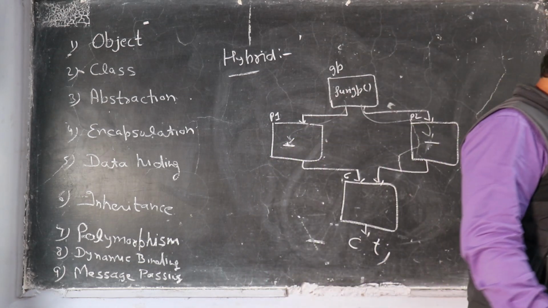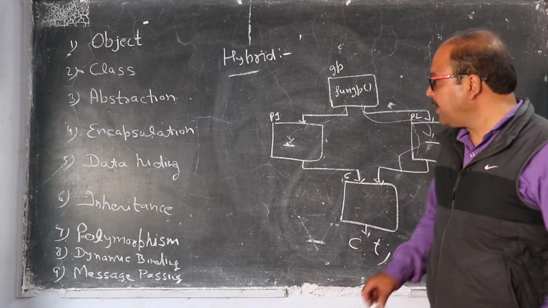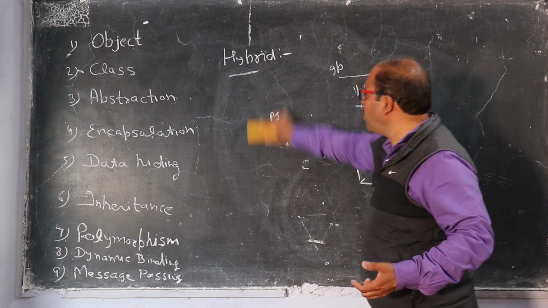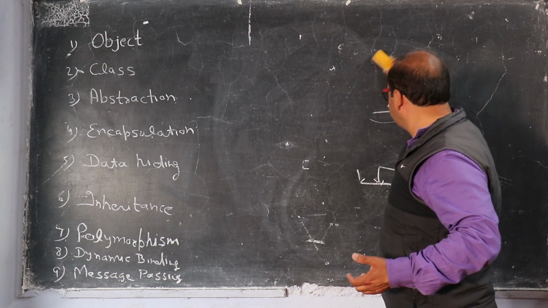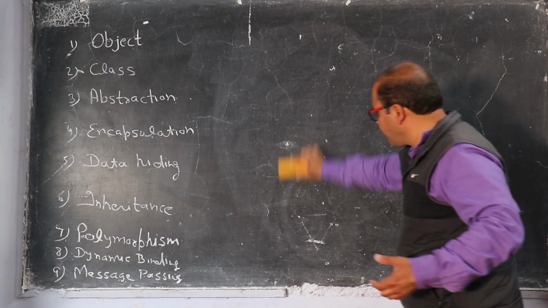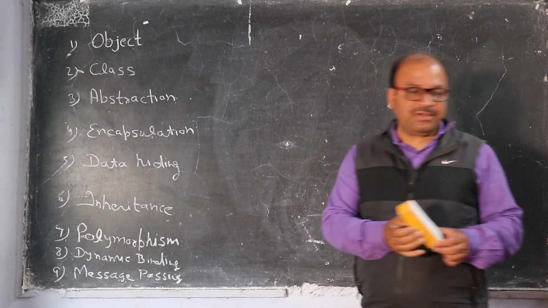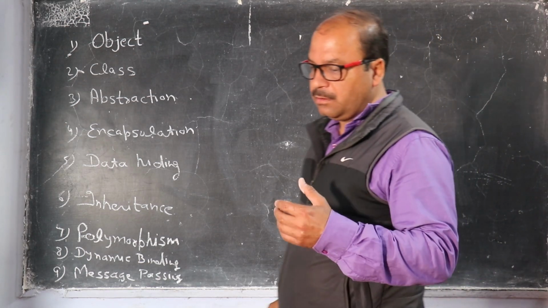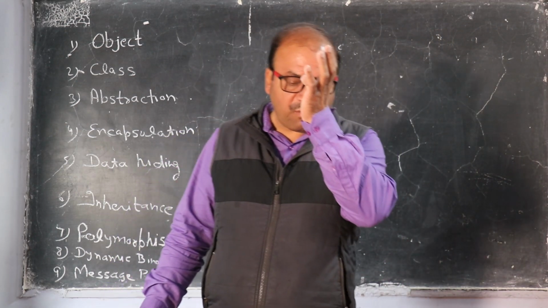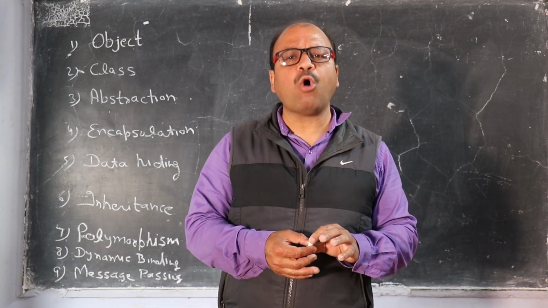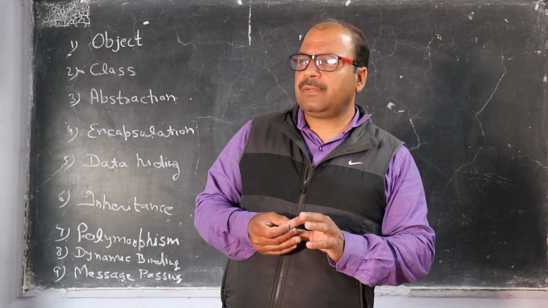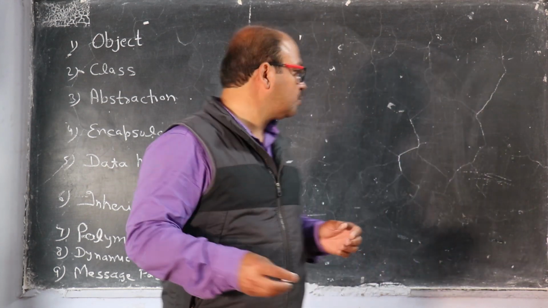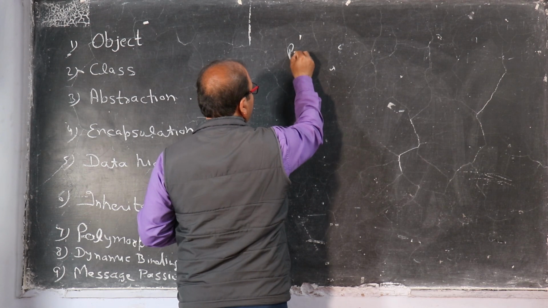Now, the next topic of the discussion is polymorphism. Polymorphism is what? Poly means more than one. Morphis basically is a Greek word for a god which can come in many forms. That is polymorphism.